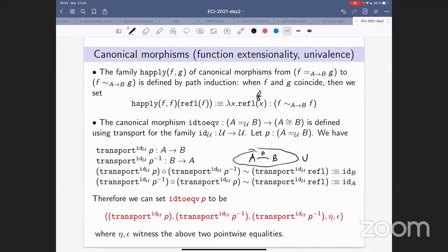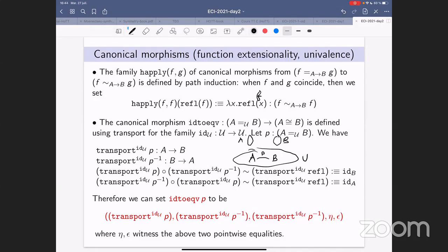But what is above A is the type A. What is the type family associated with A? It's the identity, so it's A. We have A here, and the type sitting above B is B, because it's the identity. So transport.